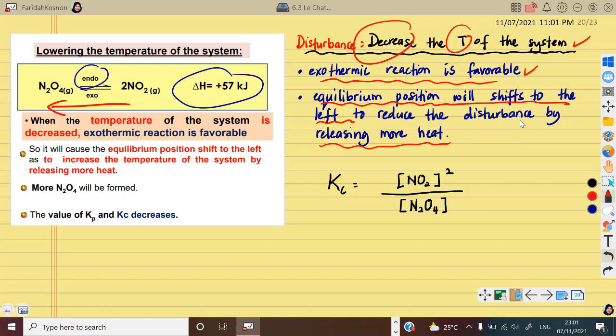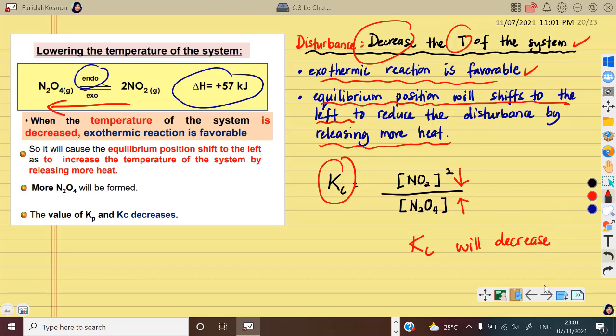Okay, jadi sekarang kita tengok pada nilai Kc ataupun Kp, what happen? So, bila ini berlaku, oleh kerana reverse reaction is favourable, the concentration of NO2 will decrease dan concentration of N2O4 will increase. So, you tengok kat sini, what happen to Kp or Kc value? Nilai kecil bagi nilai besar.